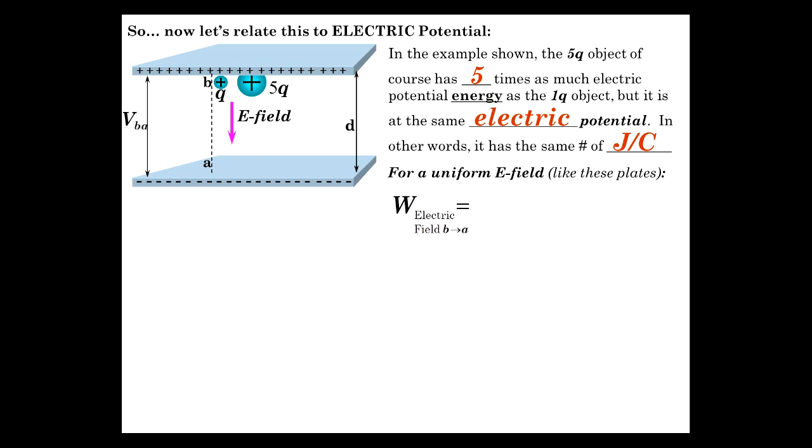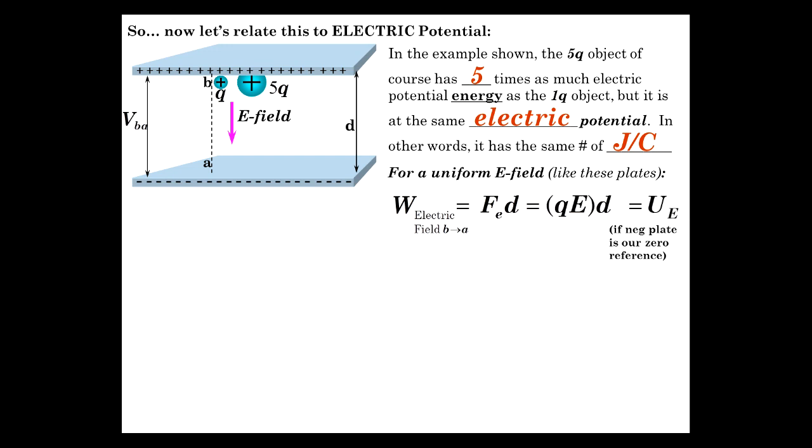So if we have a uniform E field, as we do here between charged parallel plates, the work done by the electric field in moving the charge from B to A, moving it across there, is the force times the distance. And that force, as we already know, is QE, so it's QE times d.